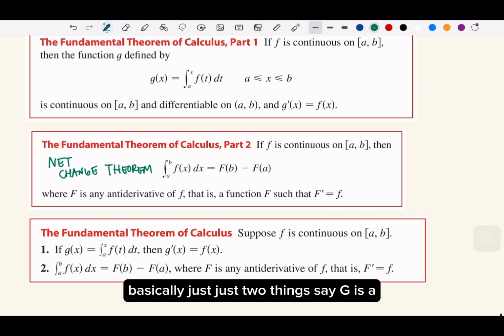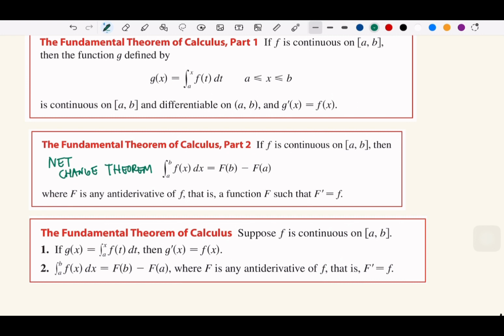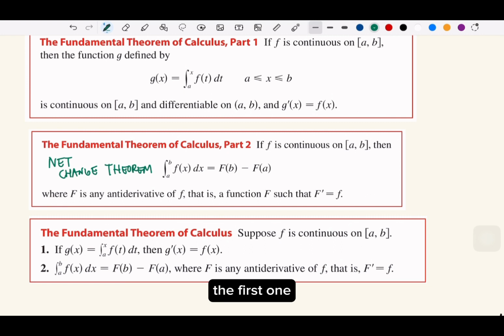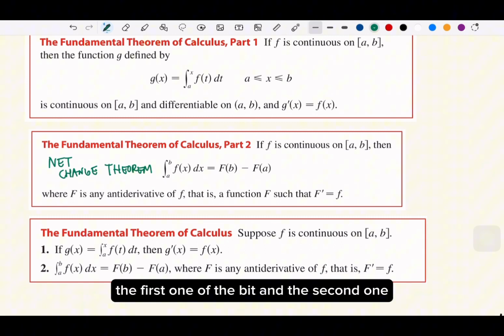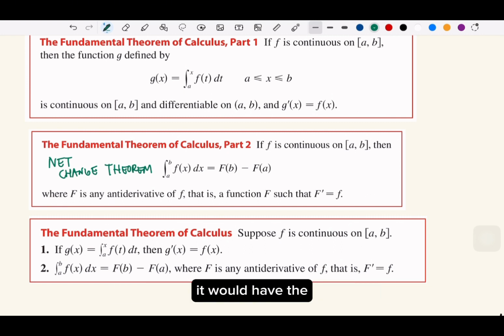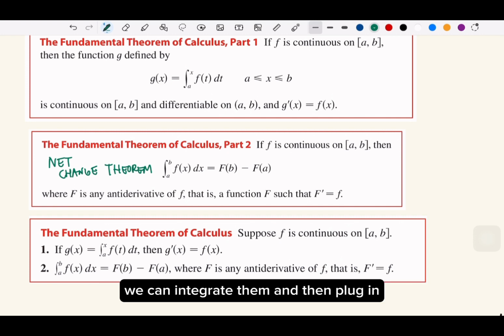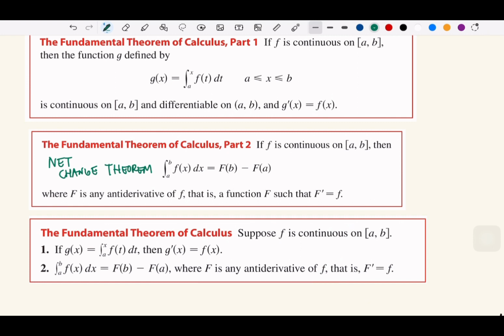If g is a function defined by this integration, so the integral is a function itself, then we have g prime equal to f. That's the first one. And the second one, if we have the definite integral of f, we can take the antiderivative form, integrate, and then plug in b and a, and it's going to be F of b minus F of a.